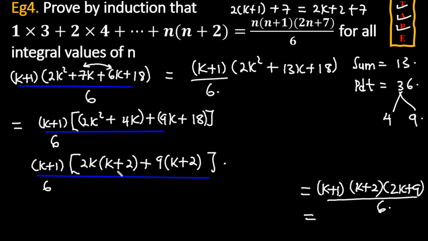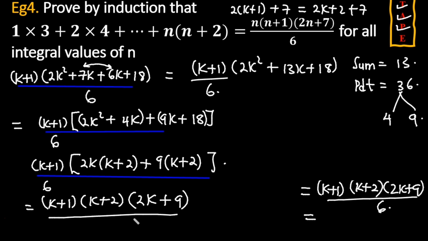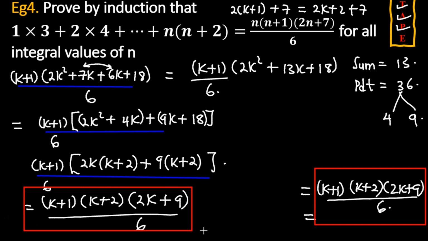Now after factorizing, we realize that a bracket including k plus 2 is common. Also, we do factorization, and when we factor it out, here we are going to be left with 2k, and plus when we factor out k plus 2, here we are going to be left with 9, everything divided by 6.